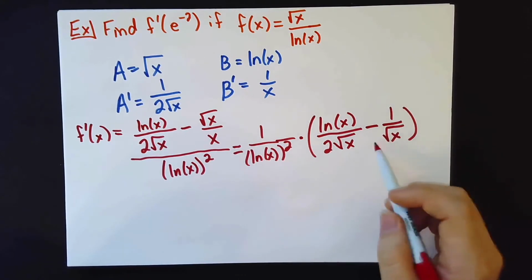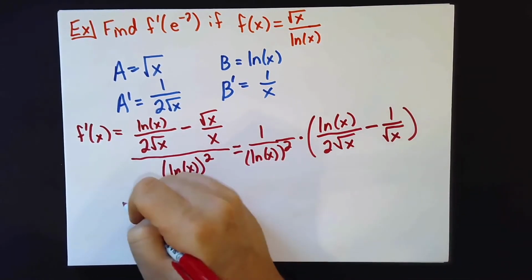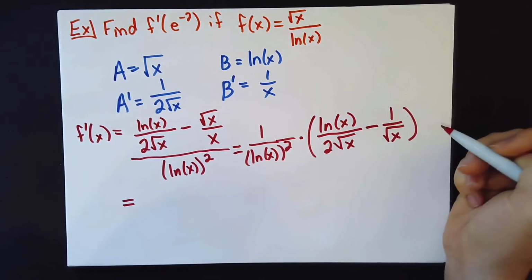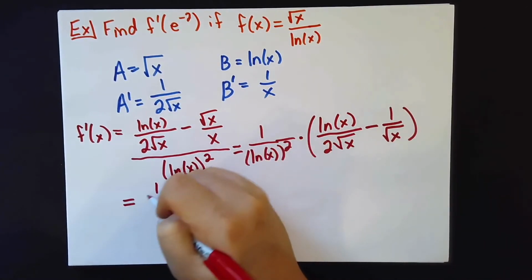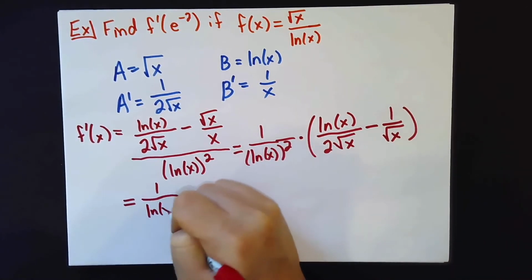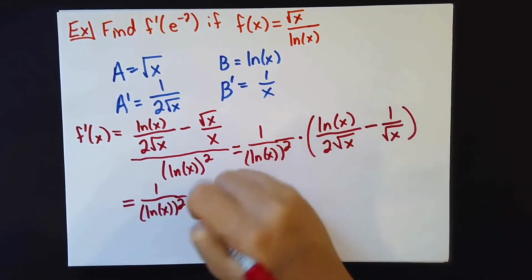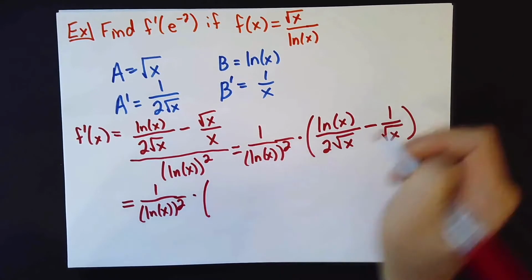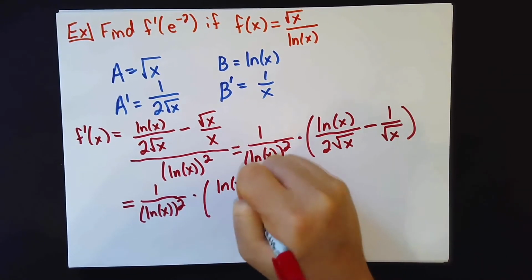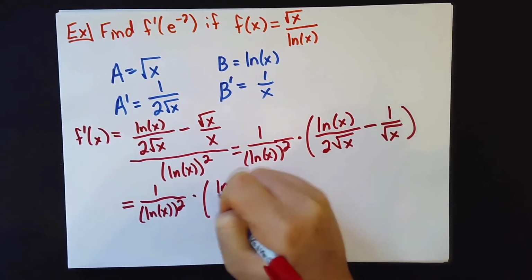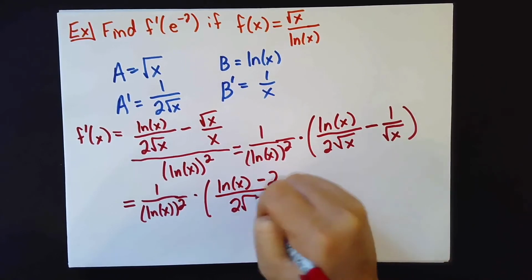Now these two things aren't so far off from being over a common denominator, and so I can write this as 1 over the natural log of x squared times natural log of x minus 2 divided by 2 root x.